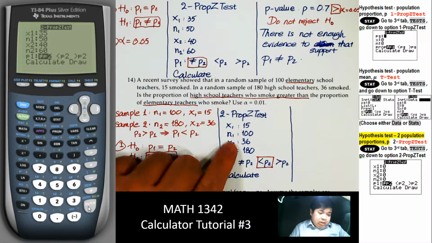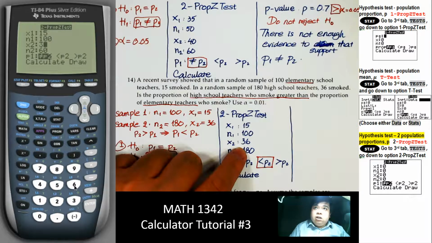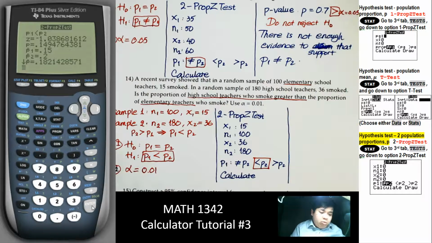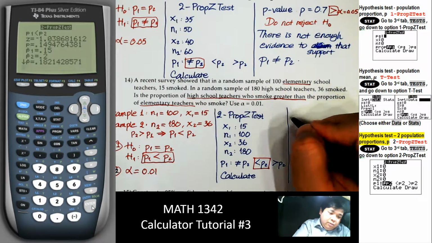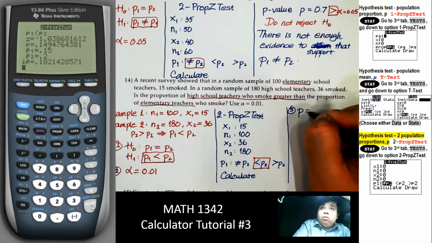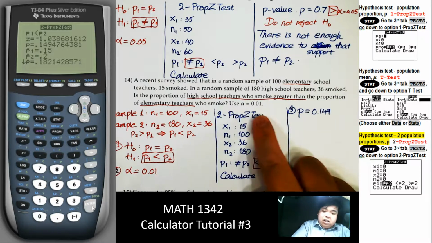Alright, 15 for x1, 100, 36, 180, and this is less than, and calculate. The p-value is 0.14 something, and that is bigger than alpha.